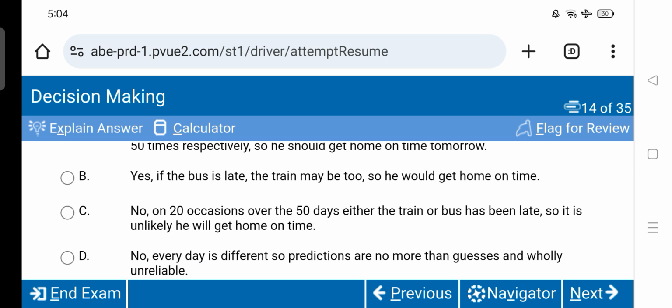Option C, no. On 20 occasions over the 50 days, either the train or bus has been late, so it is unlikely he will get home on time. Option D, no. Every day is different, so predictions are no more than guesses and wholly unreliable.